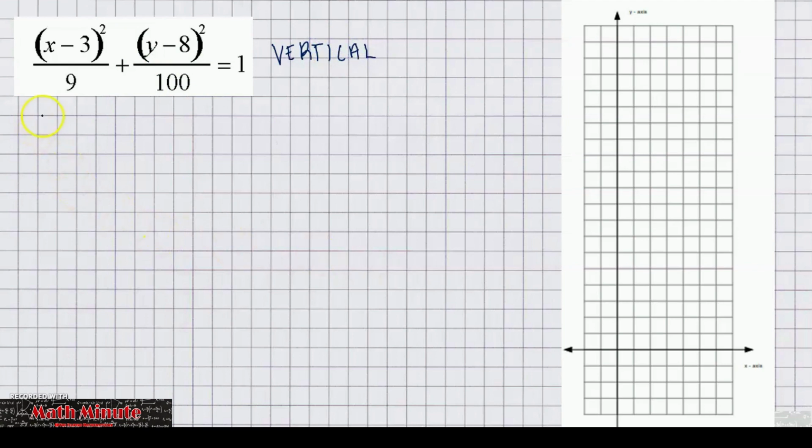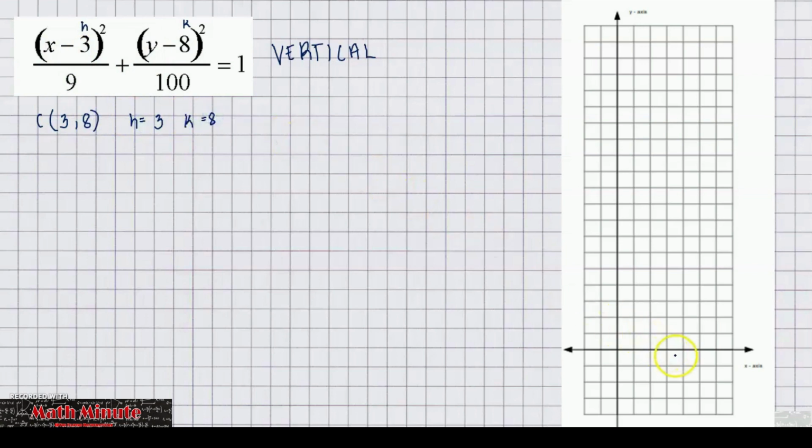To identify the center, it's just the same as identifying the center of a circle. So this is H and this is K. If this is subtraction or negative, you will get the positive value here and positive here. So in here you will know that H is 3 and K is 8.